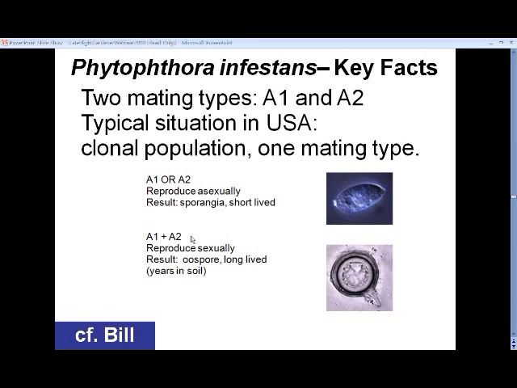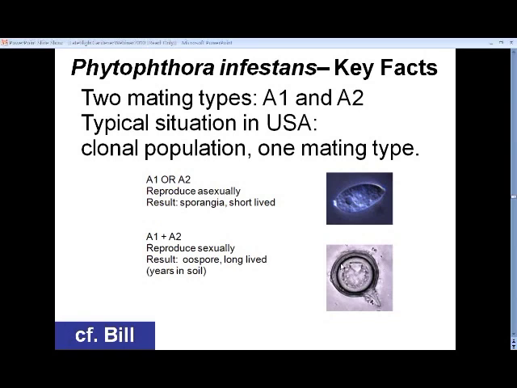If both mating types occur together, which means they're infecting the same leaf or stem and they grow together, they can reproduce sexually. And that occurs right away, pretty much, as soon as they've grown together. And what happens is it produces what's called an oospore, and that is long-lived, and it can survive in the soil. So you can see, here's that oospore.